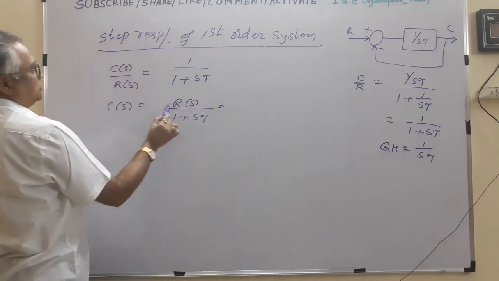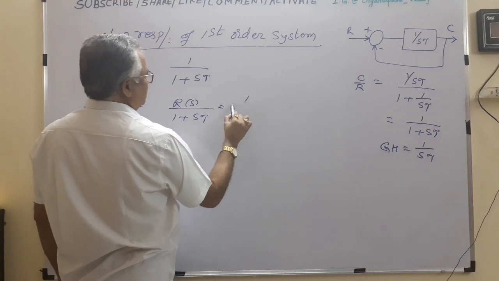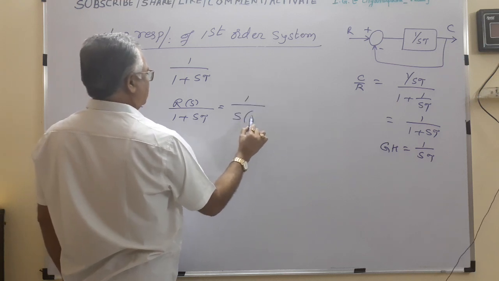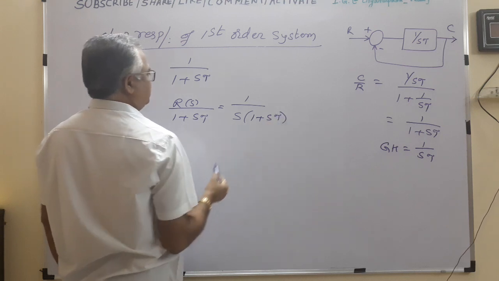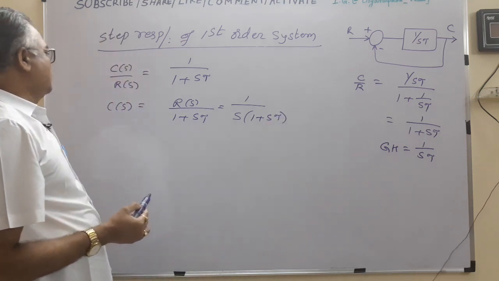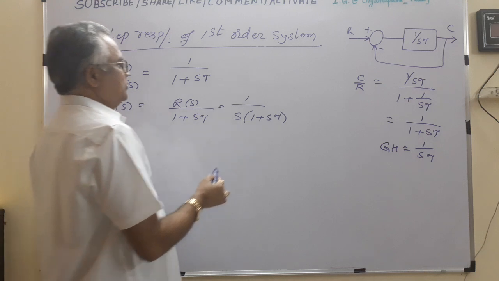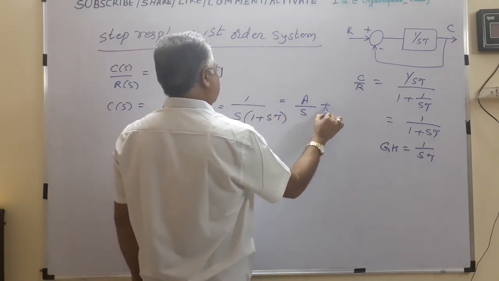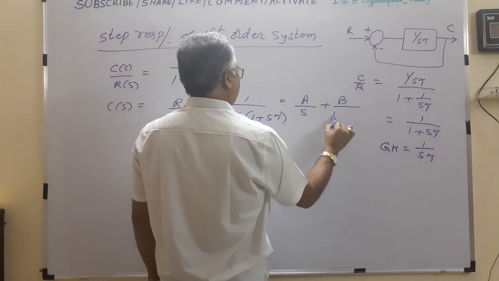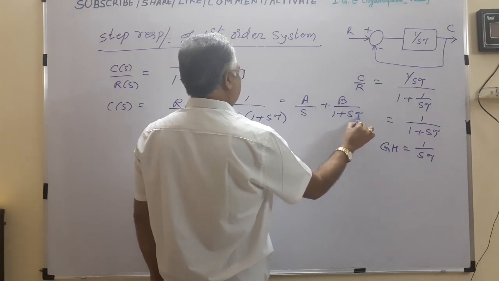But what is the step Laplace? 1 by S, into 1 plus S tau. Now we have to find the response. So using partial fractions, it is A by S plus B by 1 plus S tau.